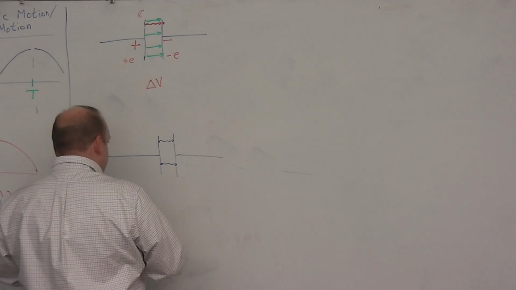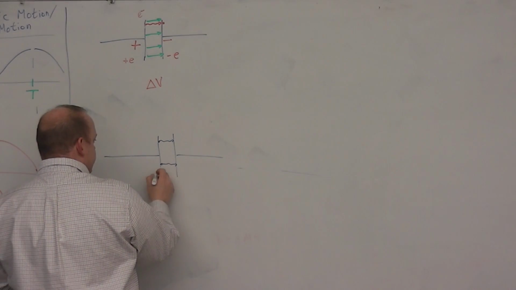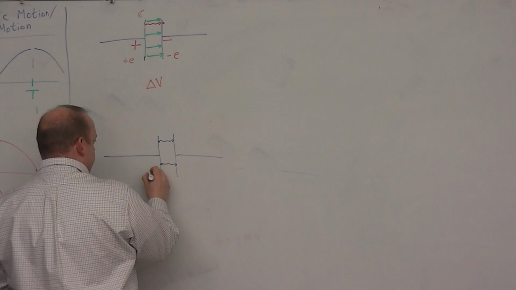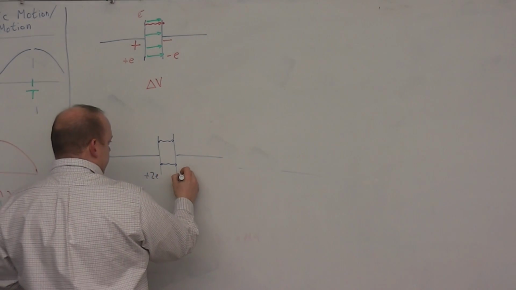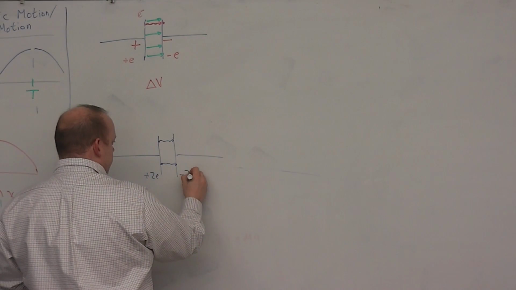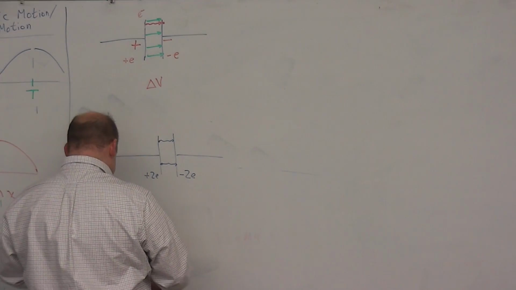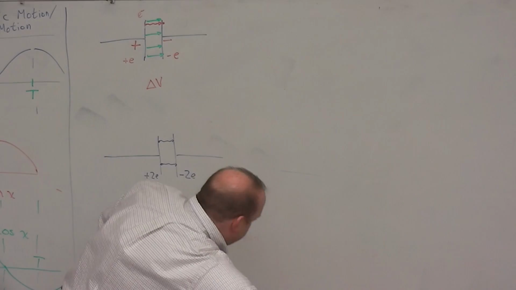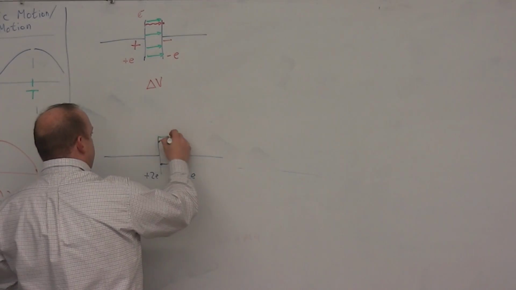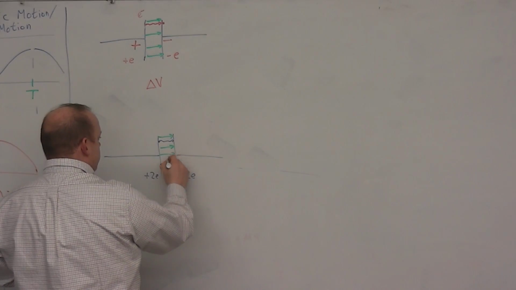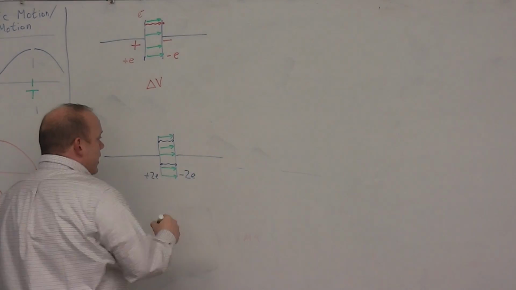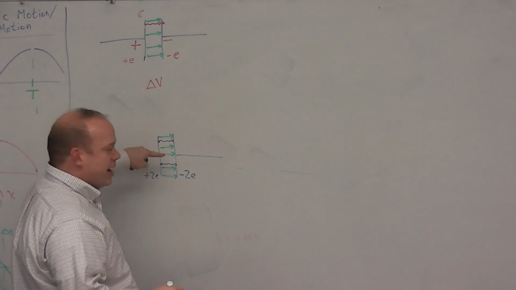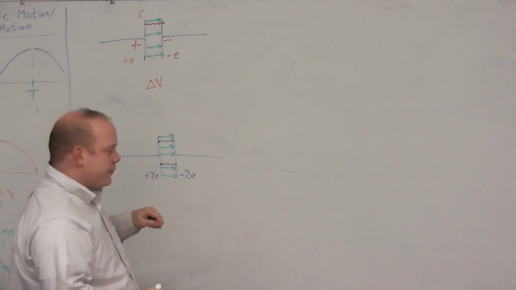Now, this plate would have a charge of positive 2e. This would have a charge of negative 2e. Again, the electric field is set up between the two of them. Now it's going to be a little bit stronger, because I have more charge set up between the two plates.